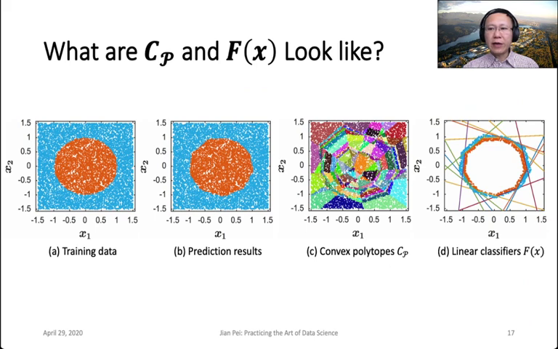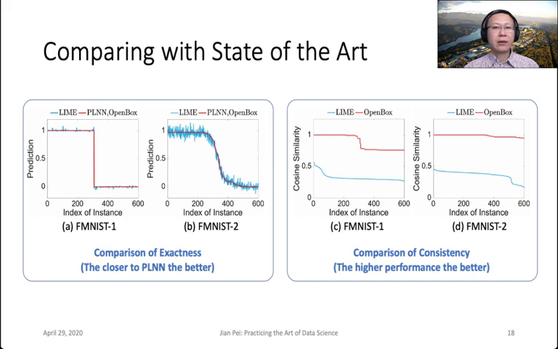In figure D, you can see the linear classifier of each of the polytopes that cover the decision boundary. As you can see, our model can construct an exact and consistent interpretation of the original PLNN in Figure B. These figures also show the comparison with the state-of-the-art method, such as LIME.